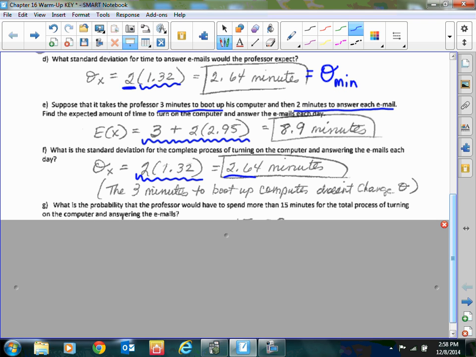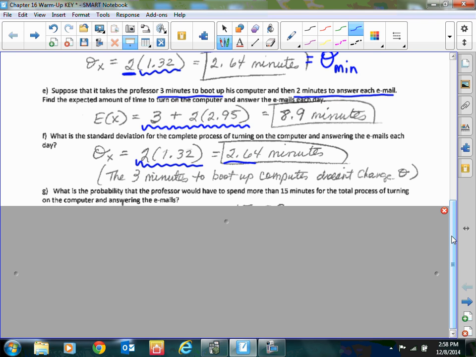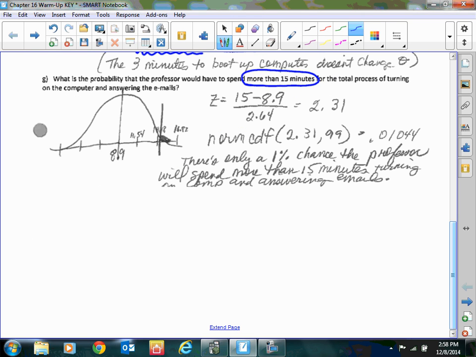Now G is an extension problem. What's the probability that the professor would have to spend more than 15 minutes for the total process of turning on the computer and answering the emails? Again, I want you to draw the normal curve.